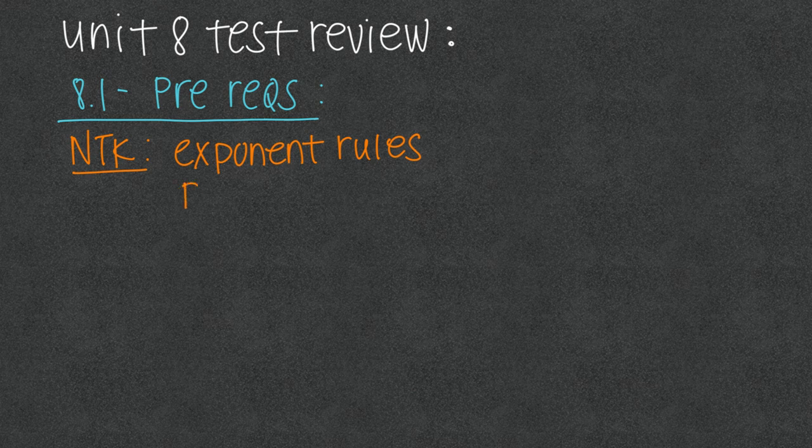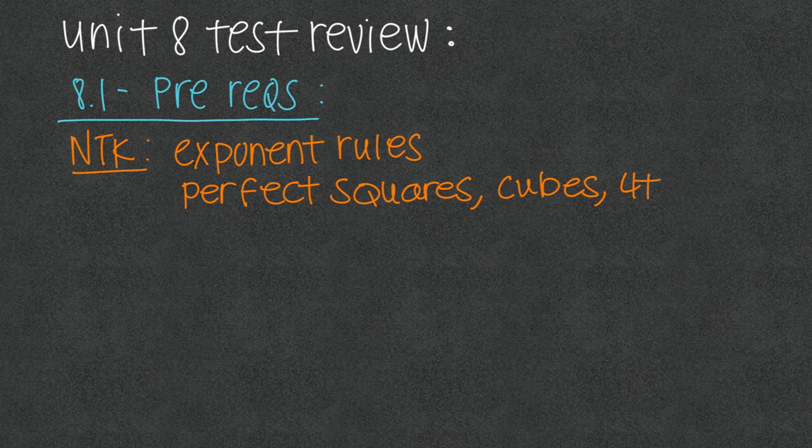We also need to know our perfect squares, cubes, fourths, and fifths. So there is a little table on 8.1 notes that has all the perfect squares, cubes, fourths, and fifths that you need to know.